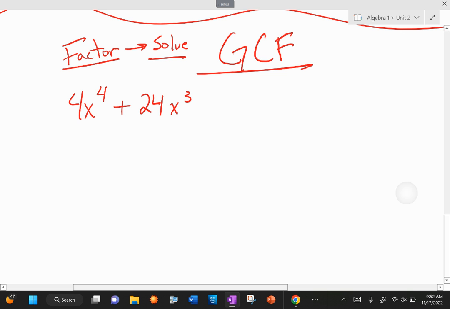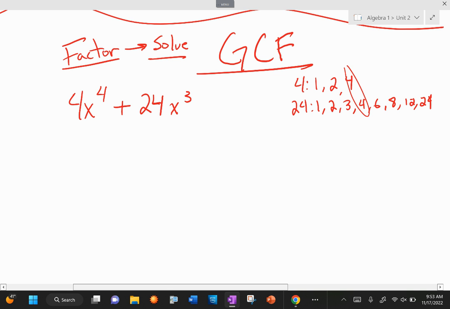What are the greatest common factors of 4? 1, 2, and 4. Okay. What are the greatest common factors of 24? 12. Okay. Those are all of them, right? So what is the highest number that they both share? A 4, which means we can pull a 4 out.